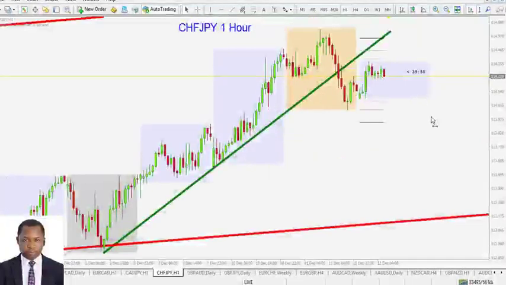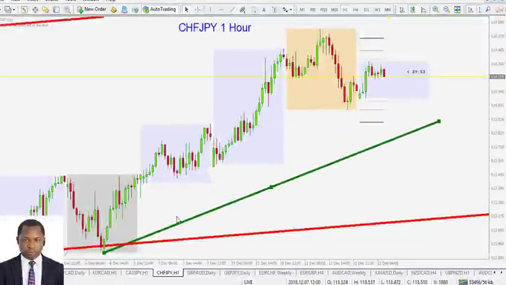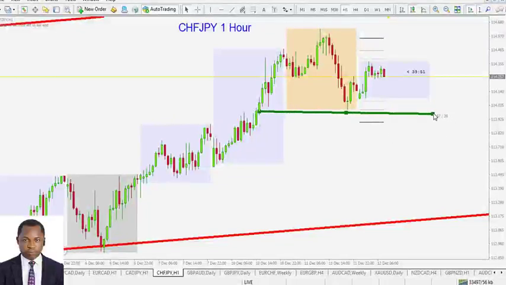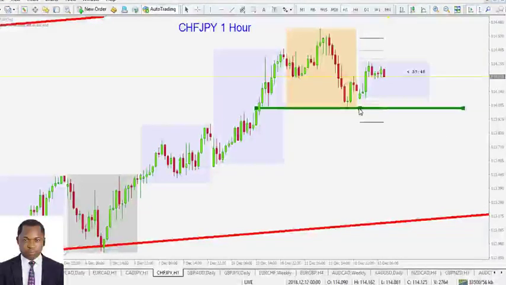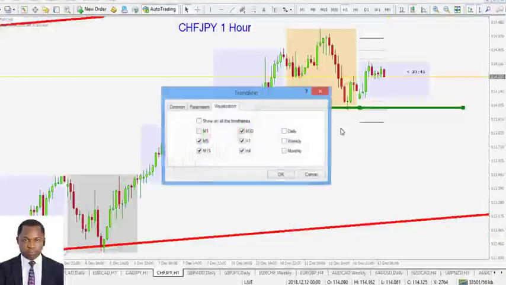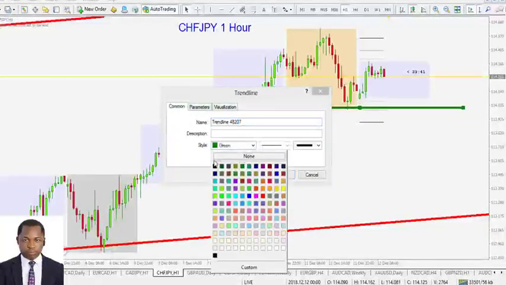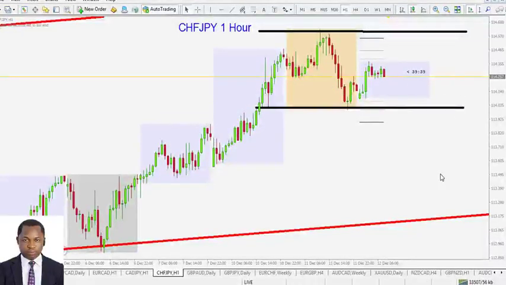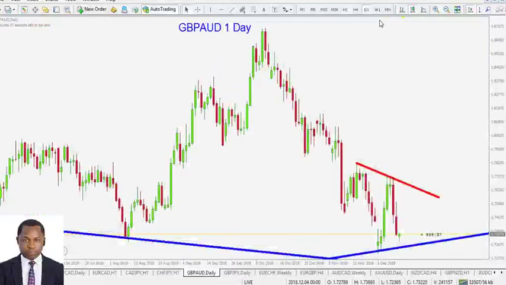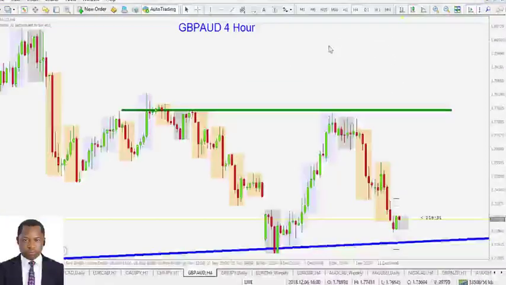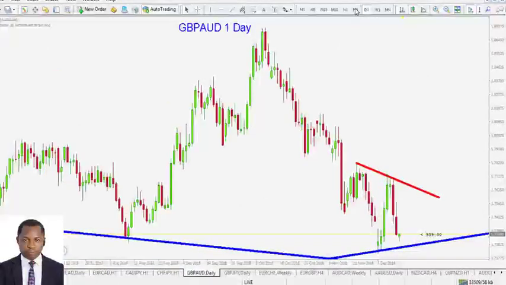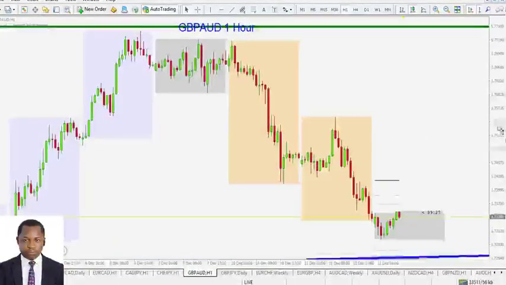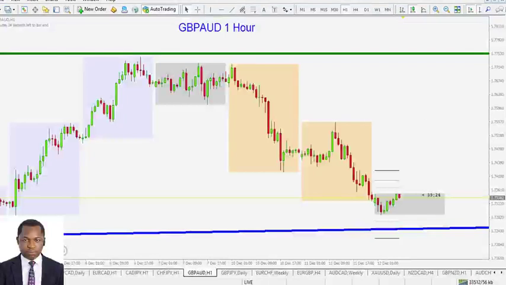I'm simply going to keep this level. This is another likely London open breakout setup there.